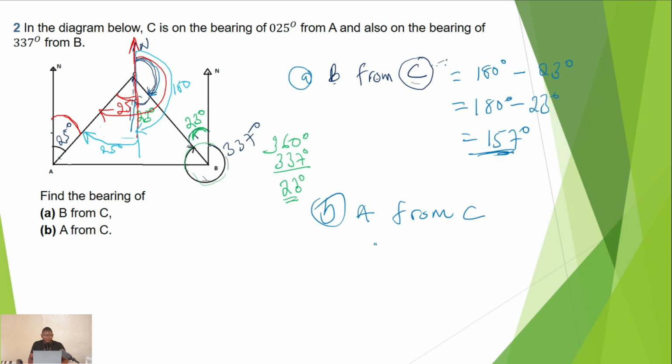So we're going to say it's going to be 180 degrees plus 25 degrees, and we're going to have 205 degrees. That will be the bearing of A from C. So remember again here, the digit is already above 100, so we don't have to struggle to write the 3-figure bearing unless it's less than 100.